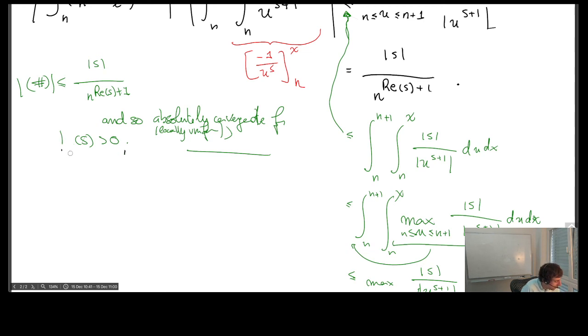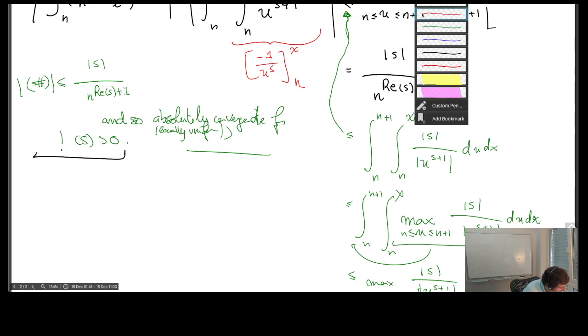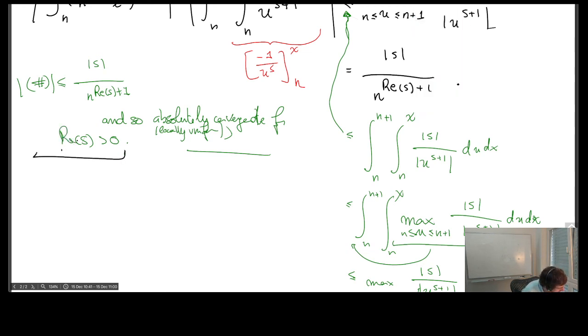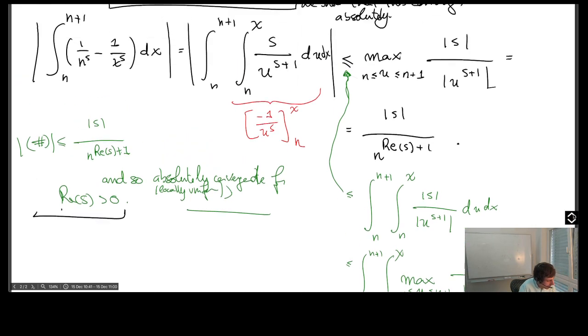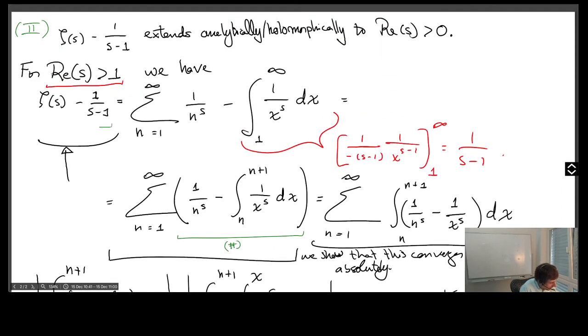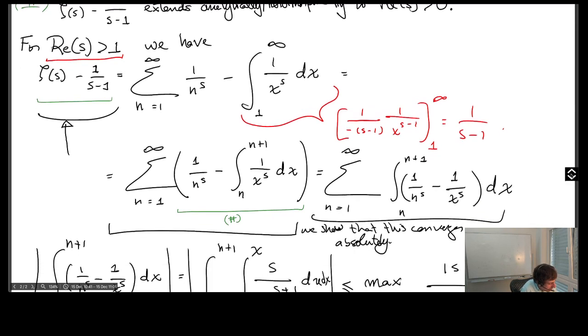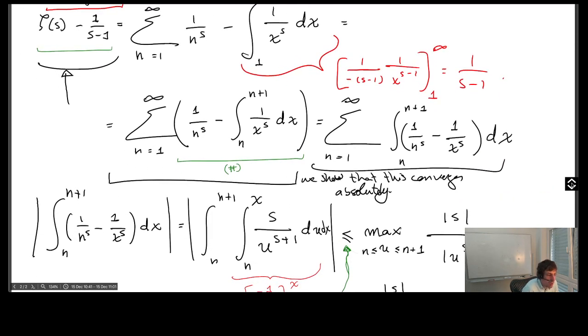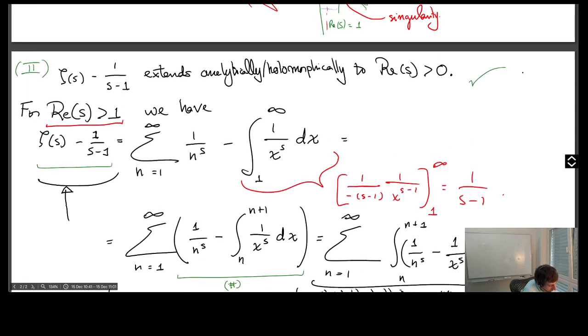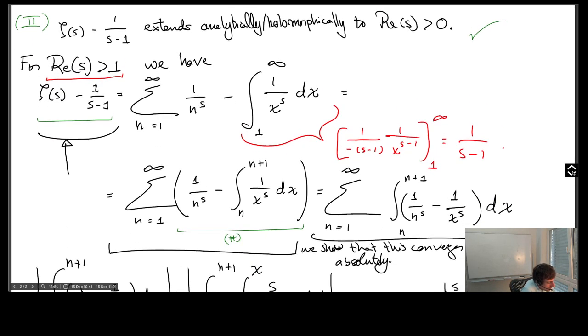Therefore, I can always extend this function analytically to the positive real part by just defining it to be this new series. The definitions match when the real part is bigger than 1, so they need to be the same function.